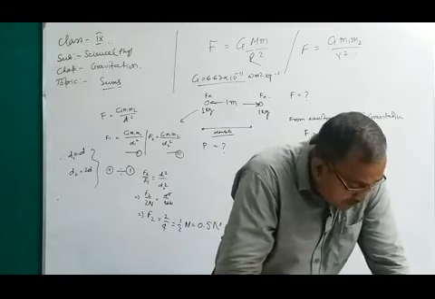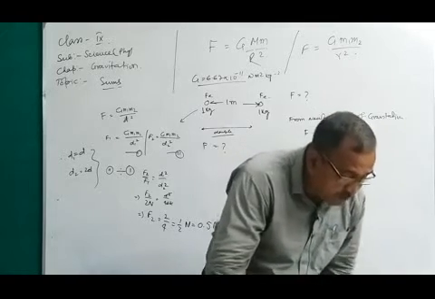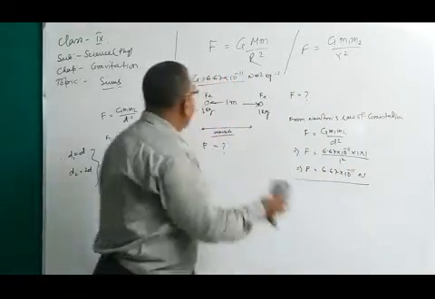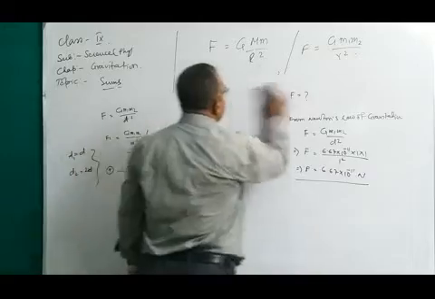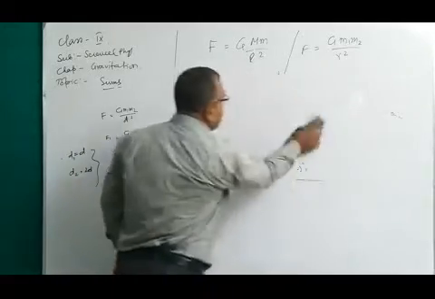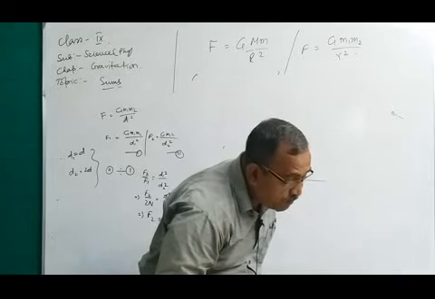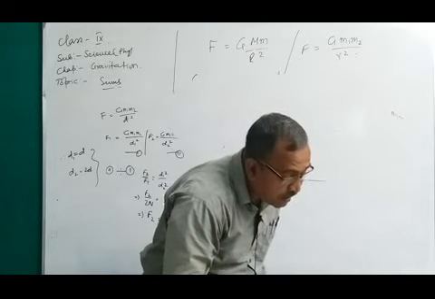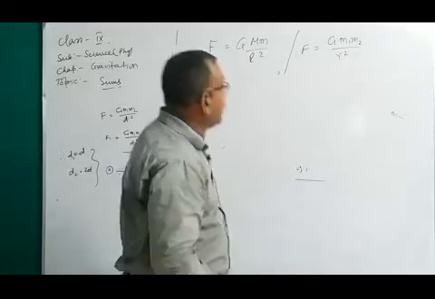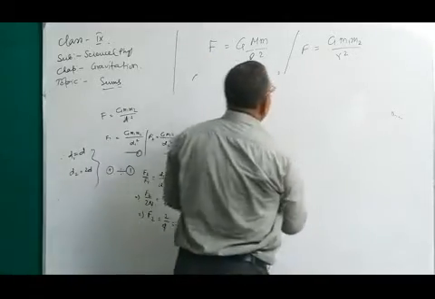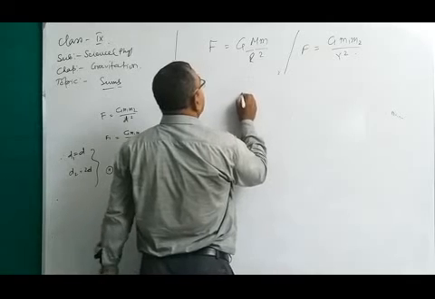Find the ratio of the weight of an object of mass 50 kg on the earth's surface and on the moon.